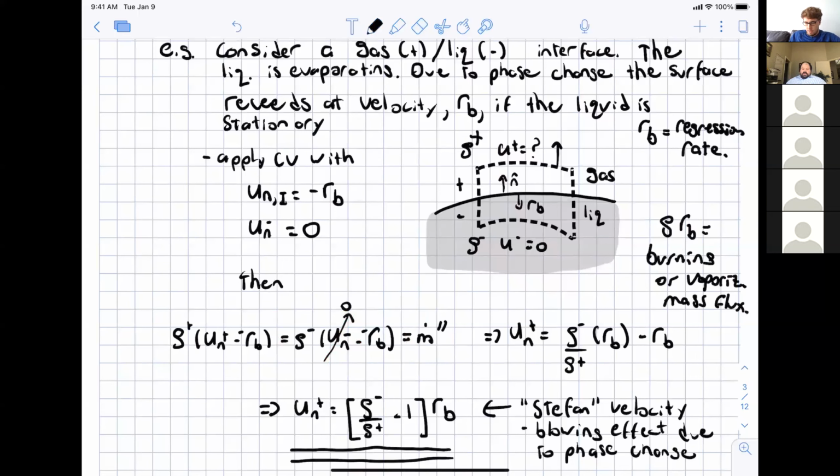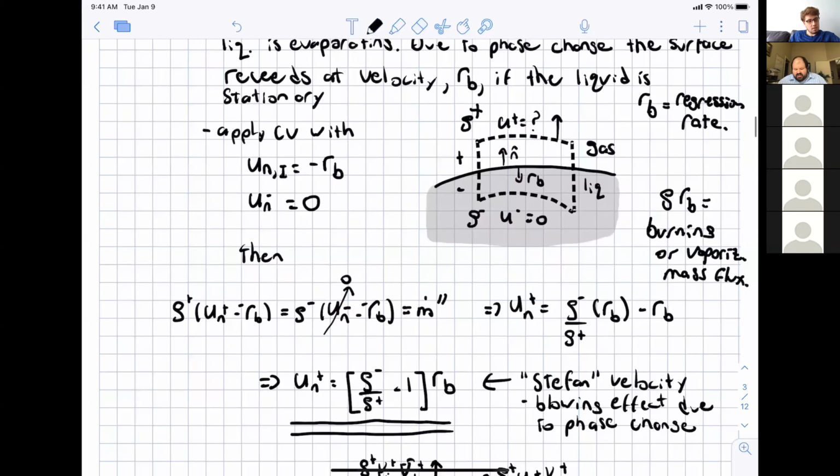Okay, and commonly you'll see the expressions that I'm going to derive written in both forms, with m dot double prime or a regression rate. I'm going to work in regression rate form, and I'm just going to solve this for our gas velocity leaving the surface.